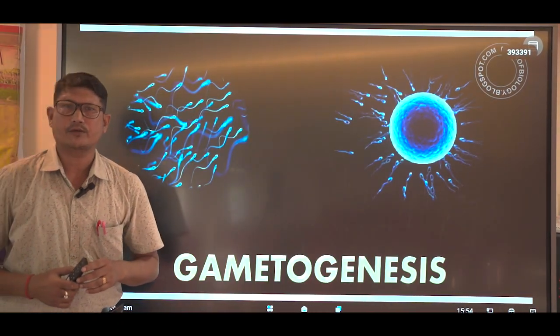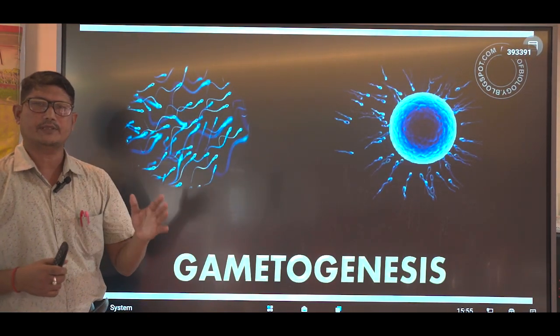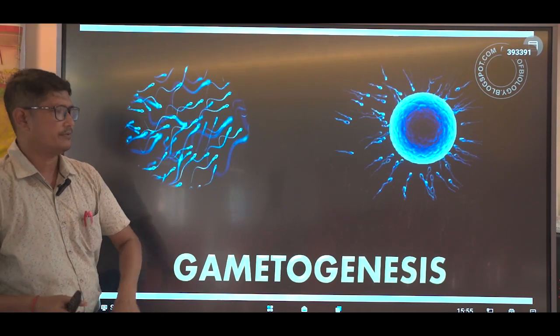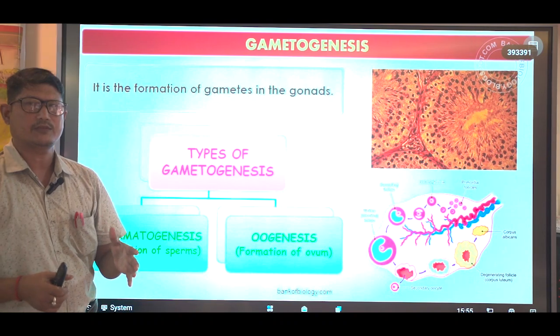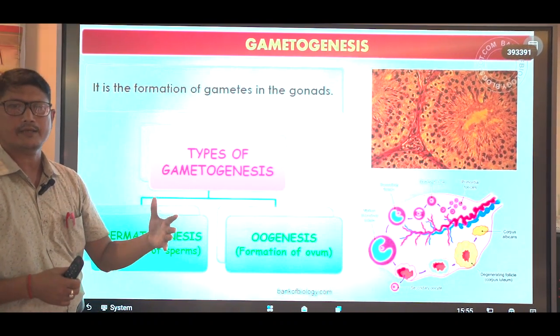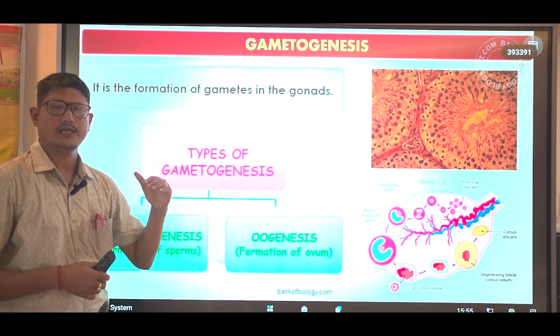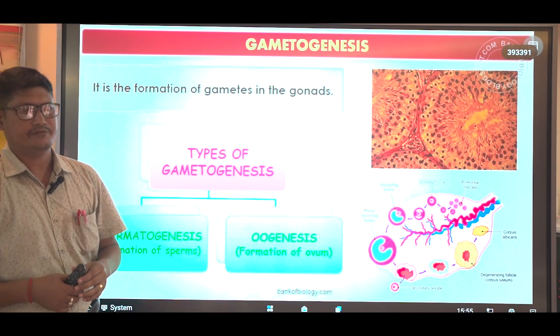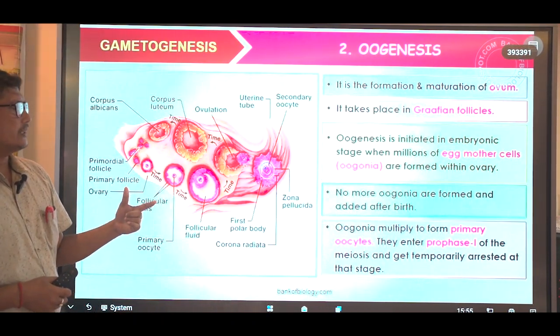Then the process of gametogenesis is very important both in the male reproductive system as well as in the female reproductive system. In the male reproductive system, gametogenesis is called spermatogenesis, which is the production of the male gamete, and in females it is called oogenesis, that is the production of the female gamete. So in oogenesis, what happens?